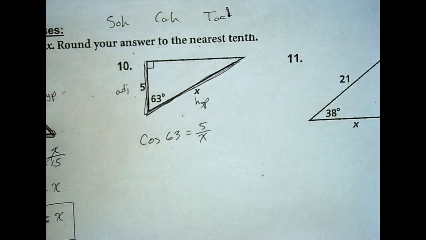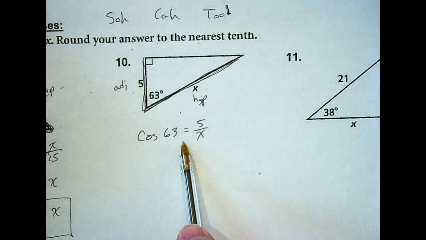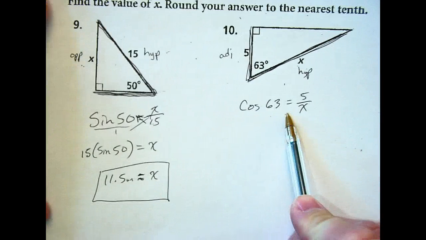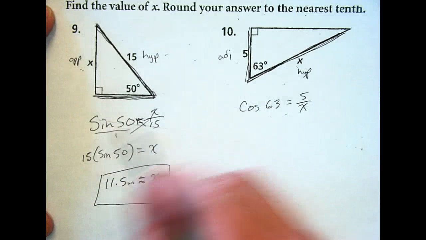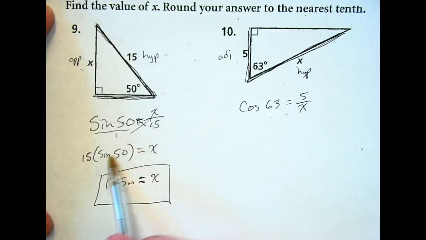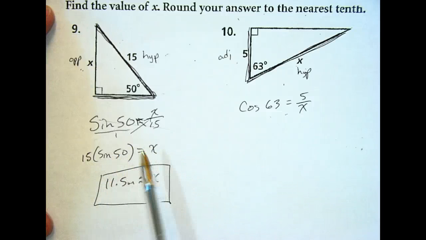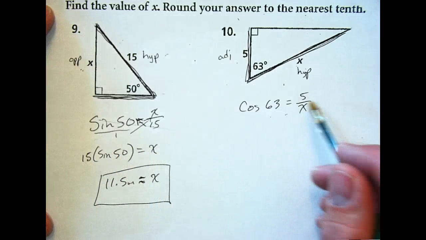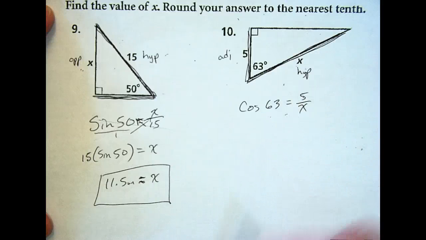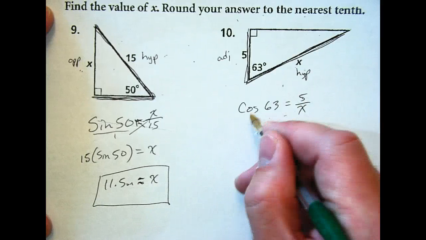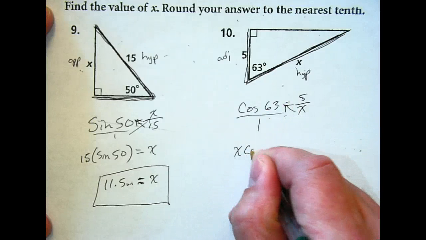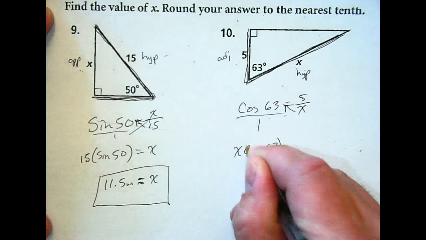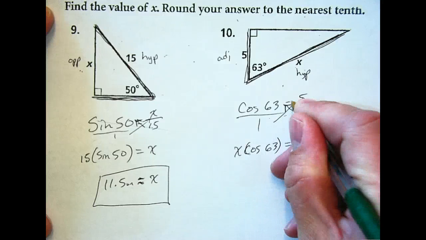Be careful if you're not writing down this step. Like if you're just skipping right to here, and you're excluding this, you're like, well, McCoy doesn't need to see this. He just wants to see this part. That's fine, but you better make sure you do it right. If you go 5 cos 63, you got the wrong answer here. When you cross multiply this, you end up with x cos 63 equals 5.